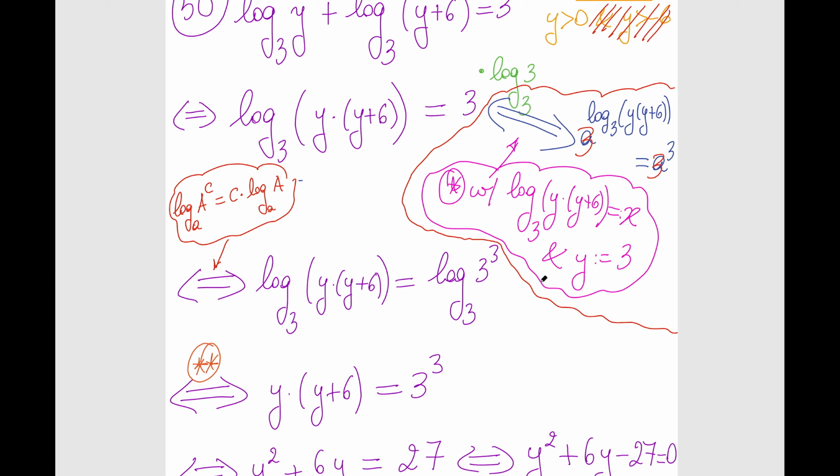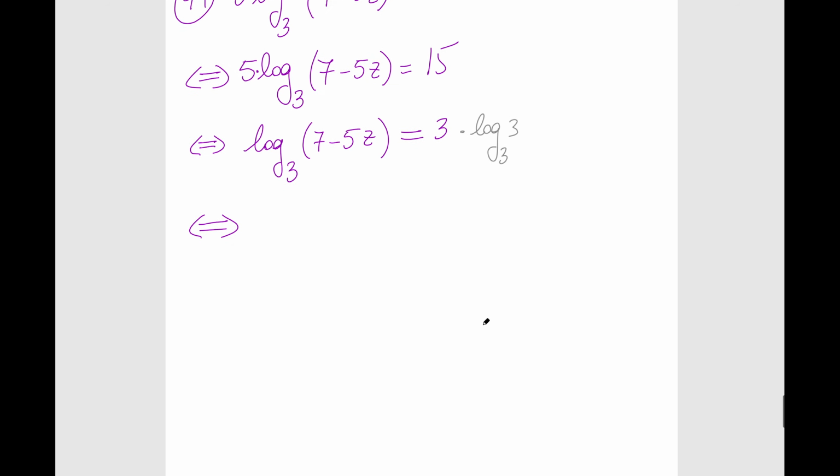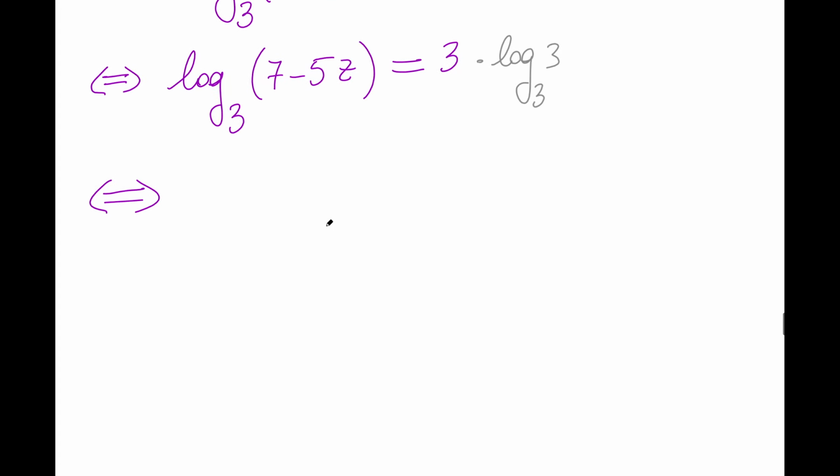What I'm going to do is I'm going to apply something similar to this bubble, correct? All right. So I'm going to erase this part. So I'm going to apply the exponential function with base 3 to both sides.